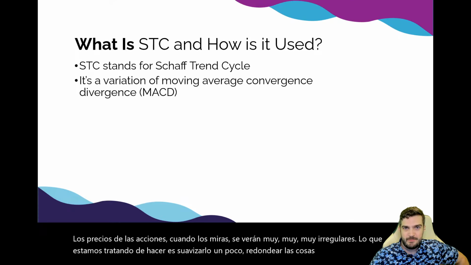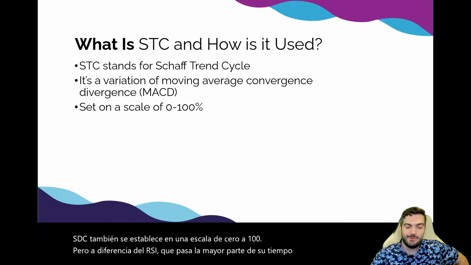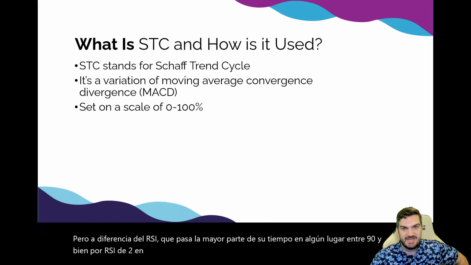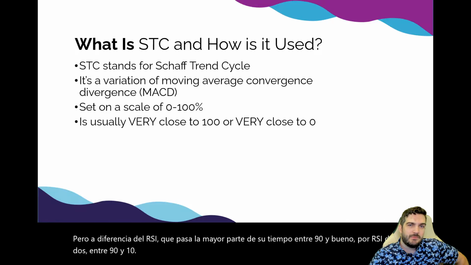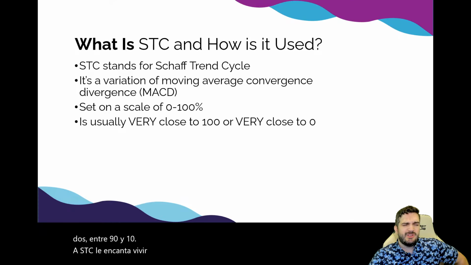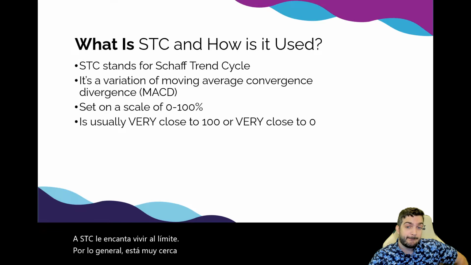STC is also set on a scale from 0 to 100. But unlike RSI, which spends most of its time somewhere between 90 and, well, for RSI of 2, somewhere between 90 and 10, STC loves to live on the edge. It is usually very close to 100, like 99 or higher, or very close to 0, below 1.